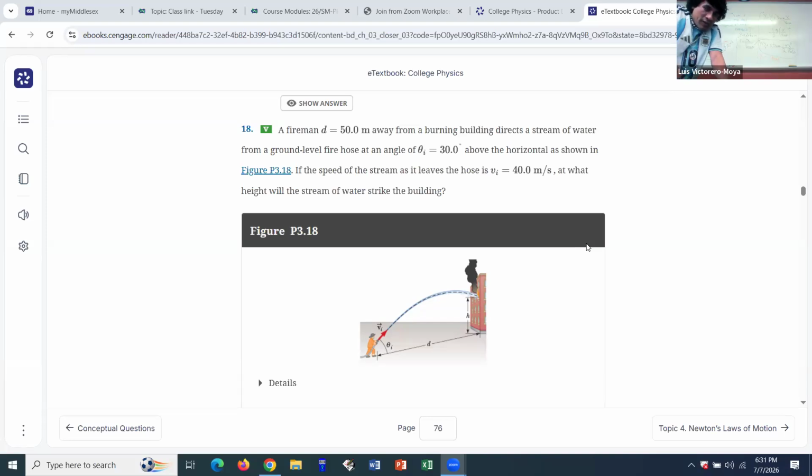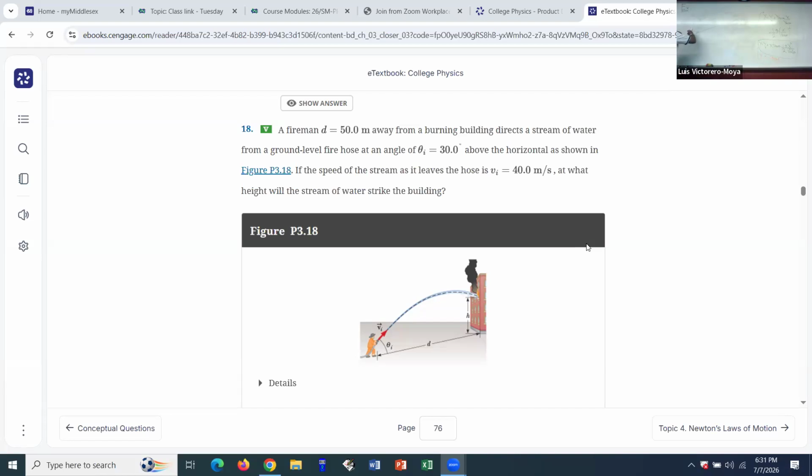So you have the figure there, right? The situation is not difficult if you use this equation I just showed. Let's begin. So you have the firefighter or fireman.